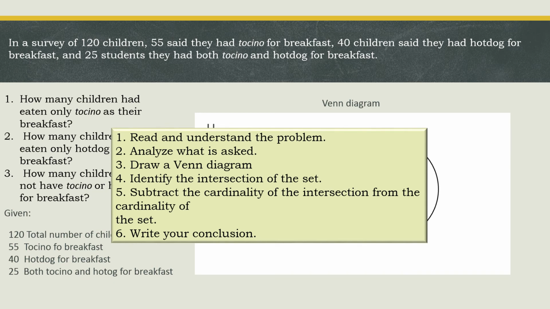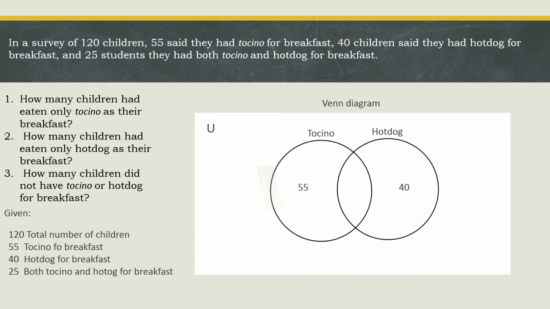Then, afterwards, unsa ingon, subtract the cardinality of the intersection from the cardinality of the set. Number 5. Let's do this. So, na kay 25 kabuok ganahan sa breakfast. And ingon sa step number 5, subtract the cardinality sa imong intersection sa imong set tocino.